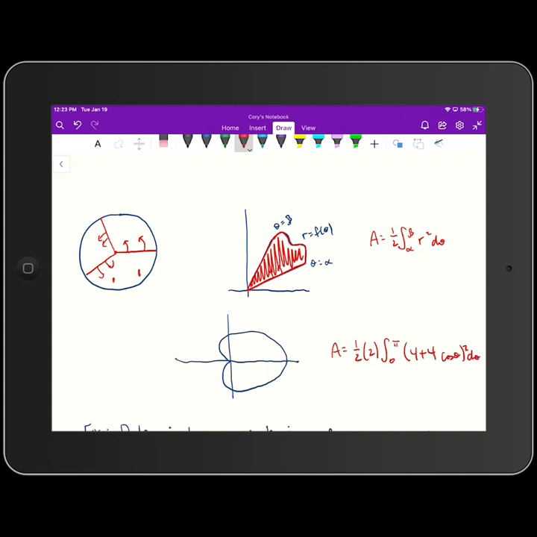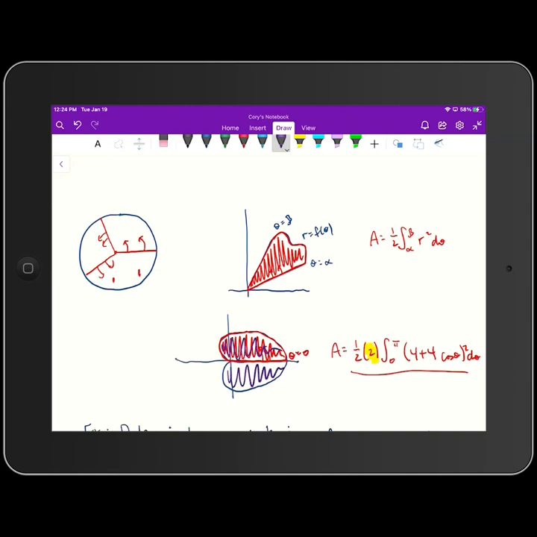If you picture what's happening here, you're starting with the radius over here at theta equal to 0, and then you're just sweeping out until we get to theta equal to pi, which happens right here. When we sweep out from 0 to pi, this integral is calculating all of this area here, and then when we multiply it by 2, that doubles the area, which gives us the entire area here in purple.